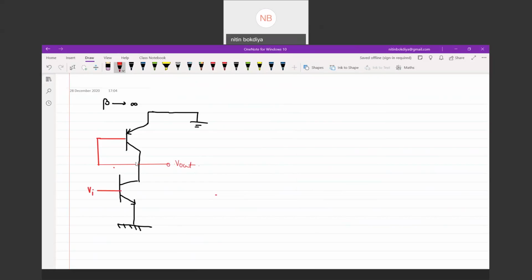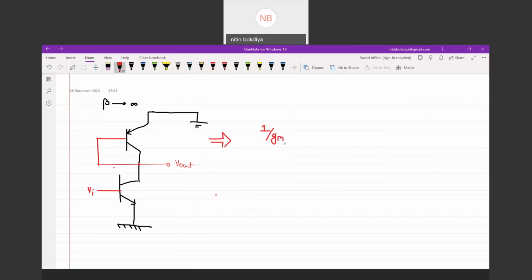Again, the base of this transistor and the collector of this transistor are connected. And when the base and collector of a transistor are connected, you can replace the whole transistor by 1 by GM.